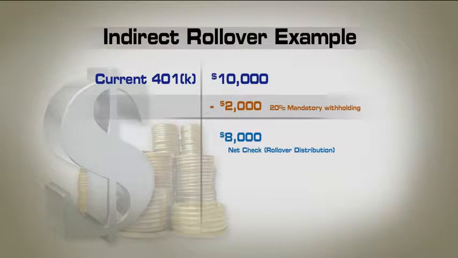It's not even that simple though. You have to also replenish the amount that was withheld. So in the example, we have $10,000, 20% mandatory withholding. They give you a check for $8,000. You have 60 days to get it in an IRA, and then you have to put $10,000 in the IRA, or you're going to pay taxes on the $2,000 that was withheld, and a penalty possibly if you're under 59.5.